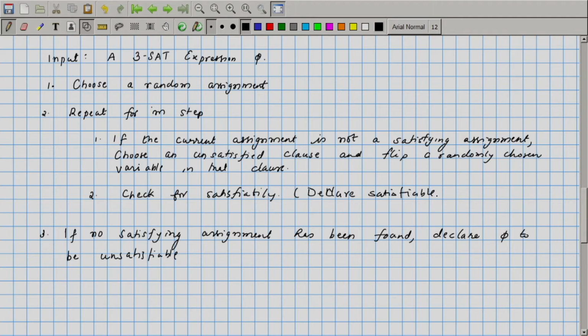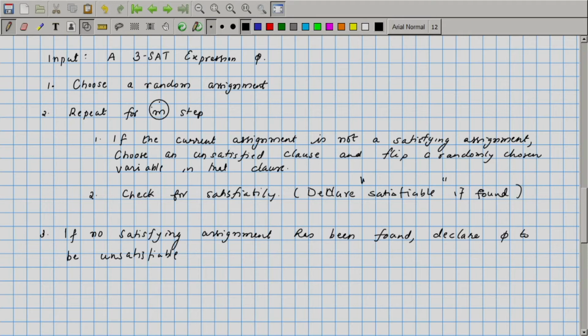So, the choice of m is going to be crucial.